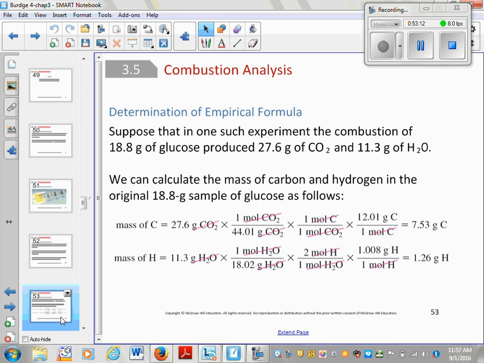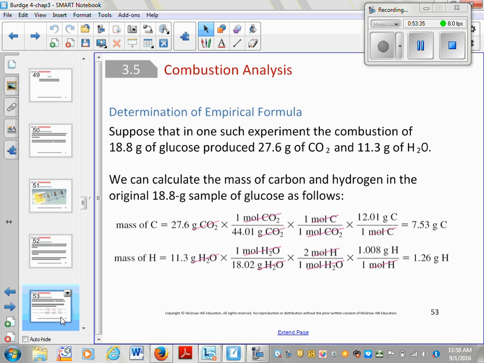What does this add up to be, CH2O? Carbon 12, oxygen 16, hydrogen 2. 12, 16, and 2. 30.